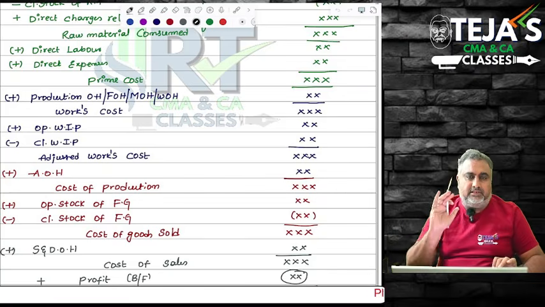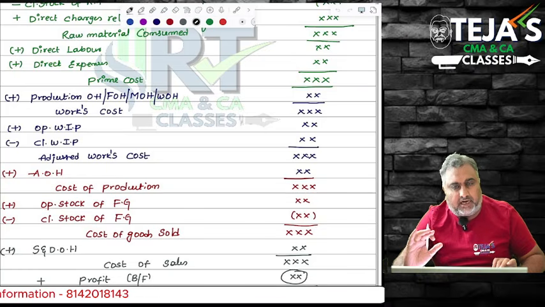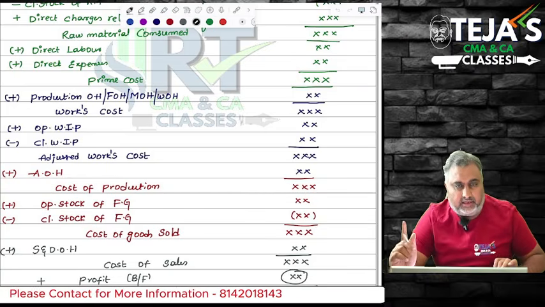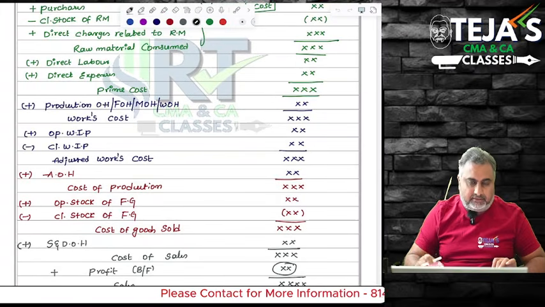With this little information we can start our first illustration. I think everybody received the material.